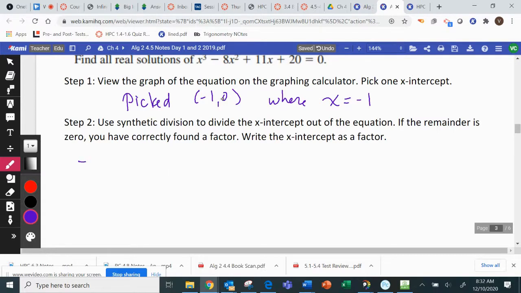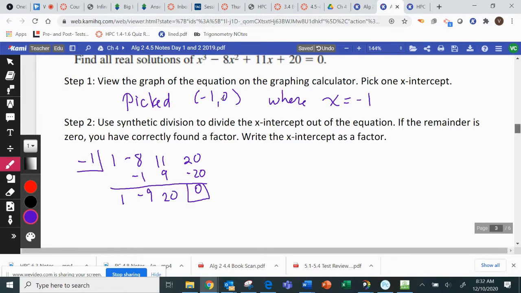So we're going to take that -1, we'll put it in the little box. We're going to do synthetic division. And what's it mean if I have a remainder of 0? That means I'm good. That means that really was a solution.